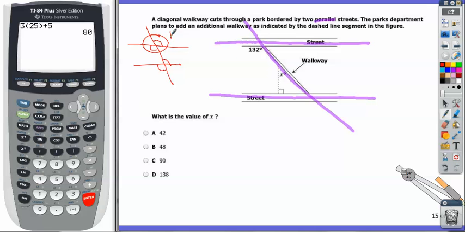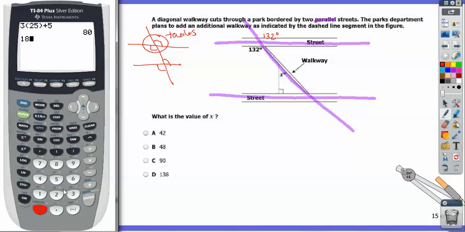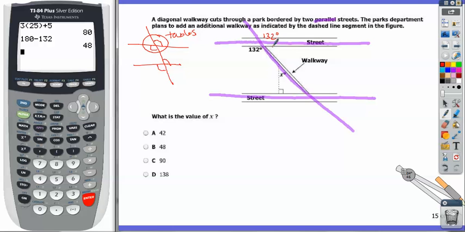And I know I can go around each of my intersection points. I call these tables. I can go around each of my tables and I can fill in my vertical angles, and then if I just take that away from 180, I know that everything else is 48. Now, you might be tempted to pick one of that or that answer, but I know better than that.